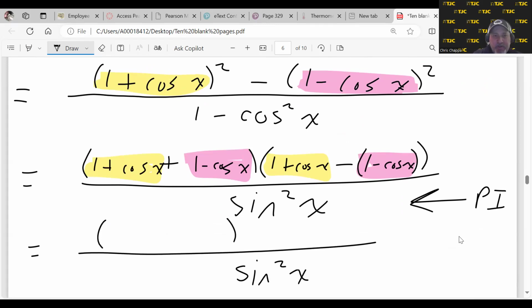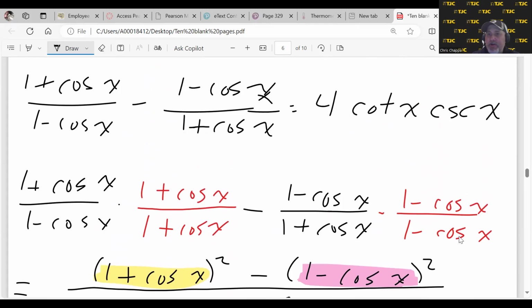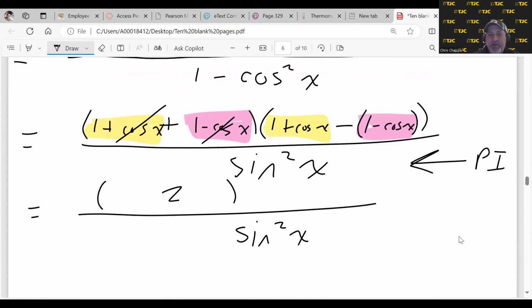In the first parentheses, the cosines cancel, and we have 1 plus 1 is 2. That's good, because didn't we have a 2 in our final destination? No, we had a 4. Well, at least we got a 2. What happens in the second parentheses right here?